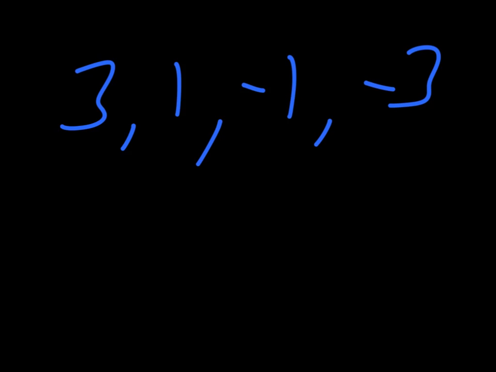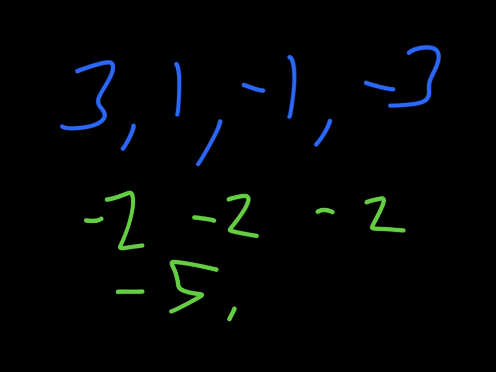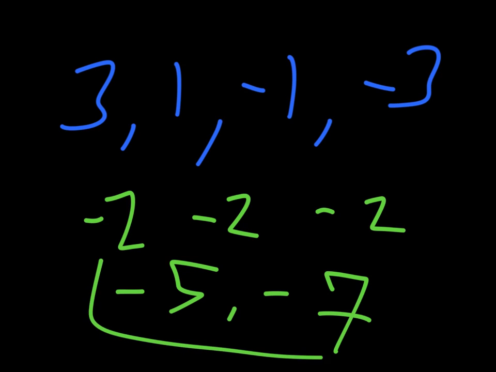So this is simply subtraction. You subtract 2, you get 1. You subtract 2, you get negative 1. Subtract 2 again, you get negative 3. You find the next two in the sequence. That's quite simple. Negative 3 minus 2 will give you negative 5. Negative 5 minus 2 will give you negative 7. There you go.